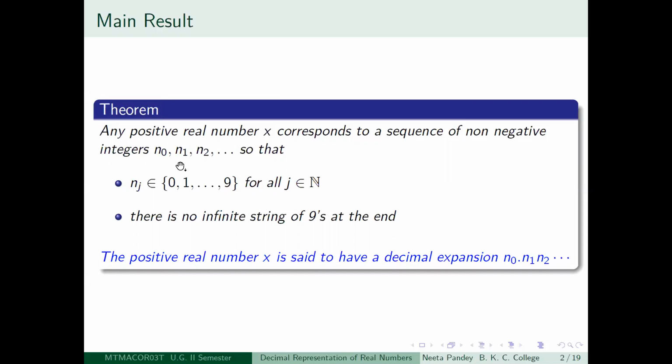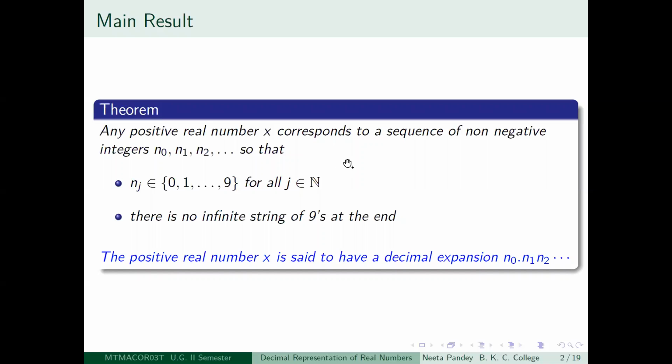Corresponding to 1, I will get a non-negative integer n1. Corresponding to 2, I will get a non-negative integer n2, and so on. So corresponding to every non-negative integer, I will be able to get a non-negative integer. This is what is meant by saying that I am going to get a sequence of non-negative integers.